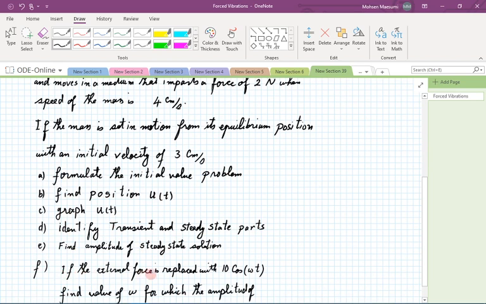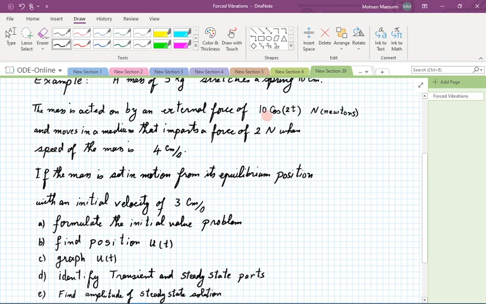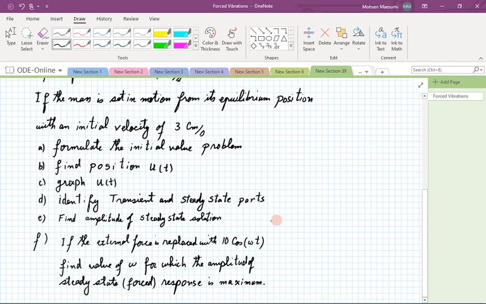If the external force is replaced with 10 cosine of omega t, so originally it was 10 cosine of 2t, now we are making this frequency a variable. Instead of 2, putting some arbitrary omega here. Find the value of omega for which the amplitude of the steady state or forced response is maximum.